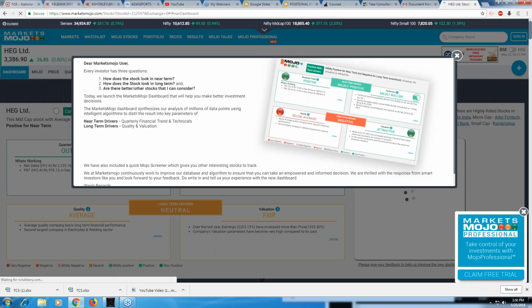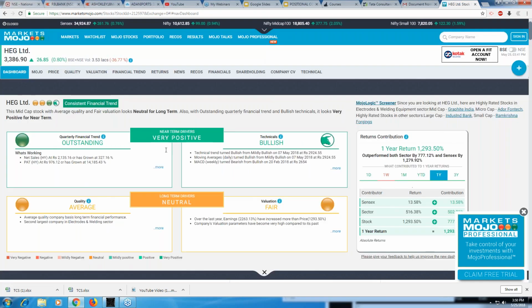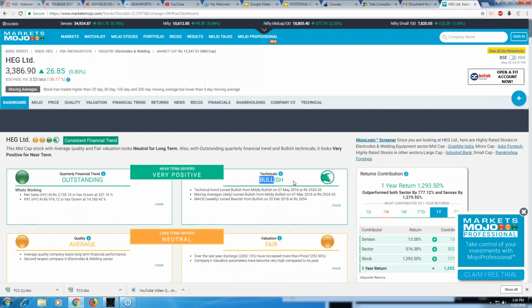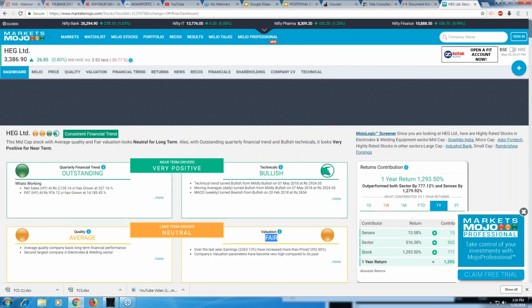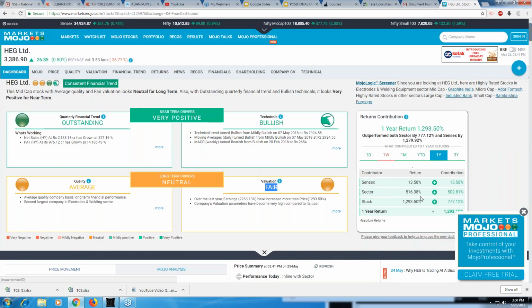Now see here, you can see what's happening. Near term outstanding, right? Technicals are bullish. Quality is average. Valuation is fair, right? 1 year return. You can see returns of 1 day, 1 week, 1 month, year on year basis, right?